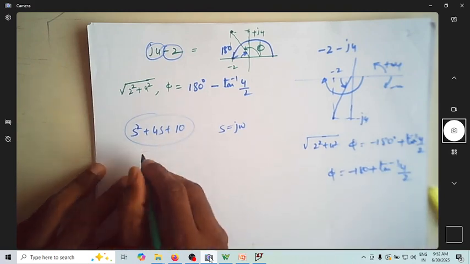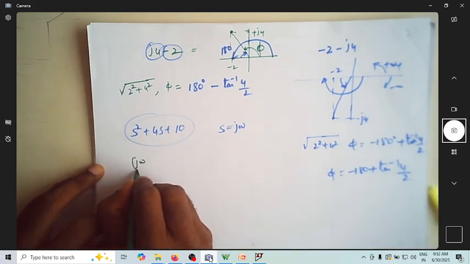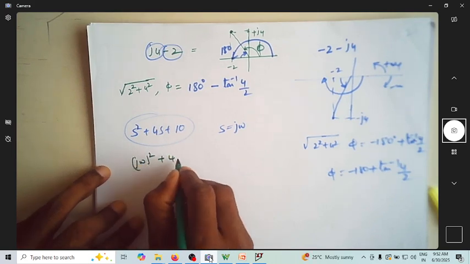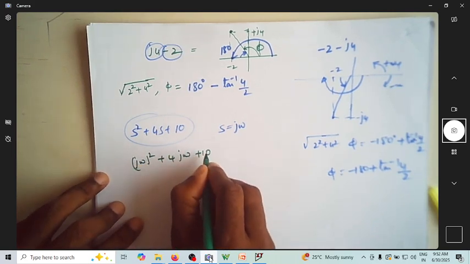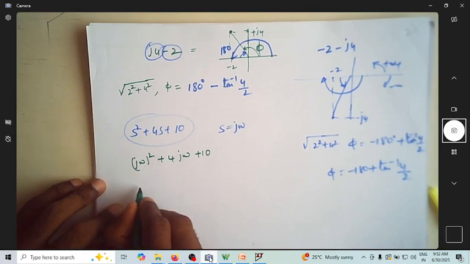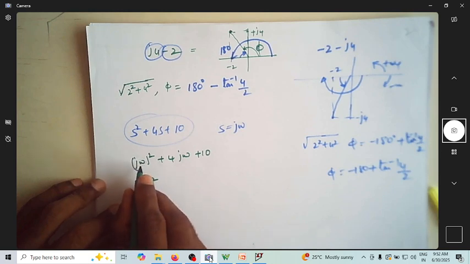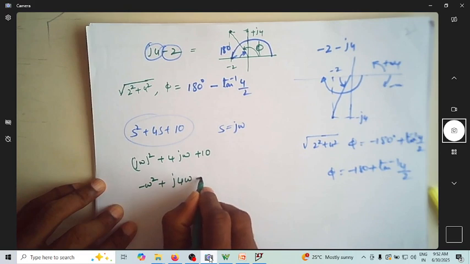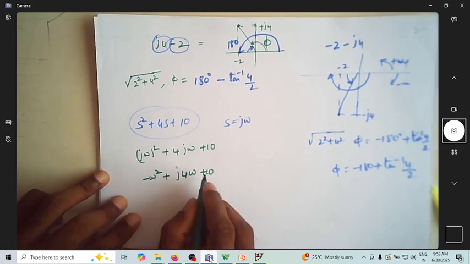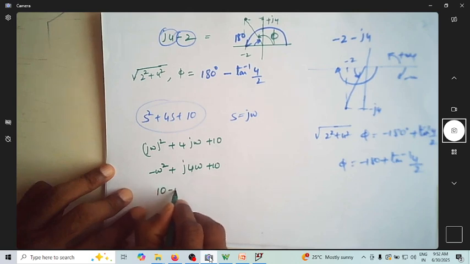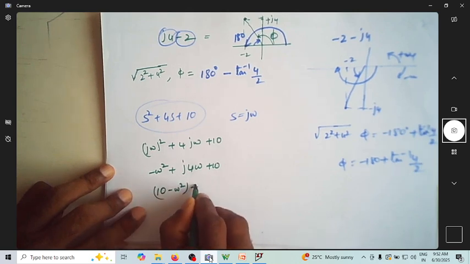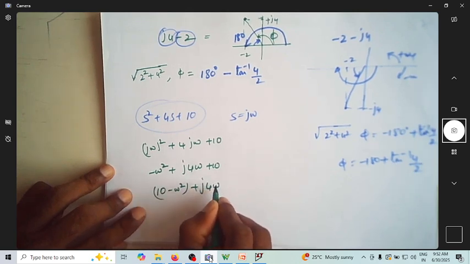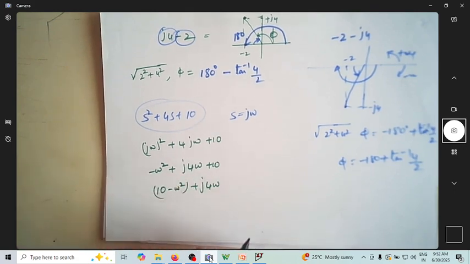Then it is j omega square plus 4 into j omega plus 10. This j omega square is j square into omega square, and j square is minus 1, so plus j 4 omega plus 10. Grouping the real parts, it is 10 minus omega square plus j 4 omega. So this is the term we have.